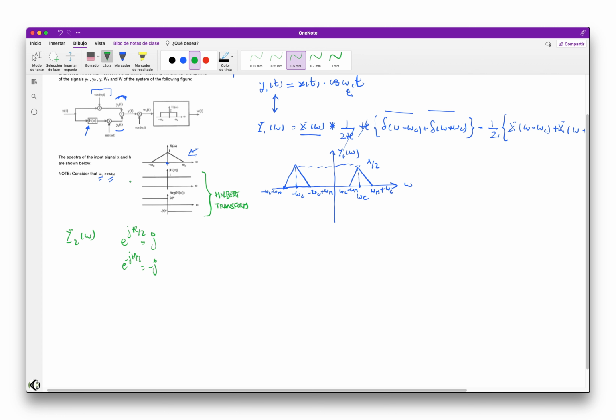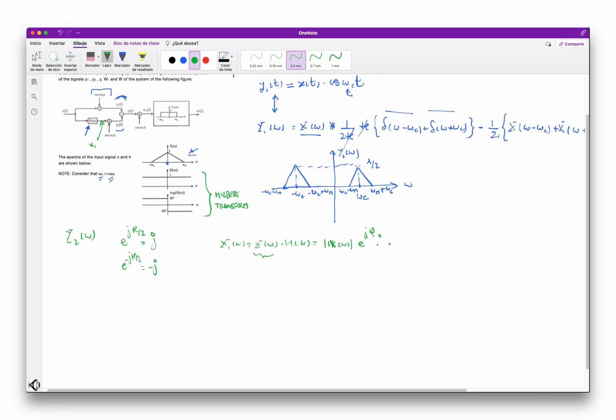Why? Because if we call this signal over here, for example, x1, x1 is the input, which is X times H of omega. The input X of omega will have a certain modulus, X of omega, and a certain phase, let's call it phi x.